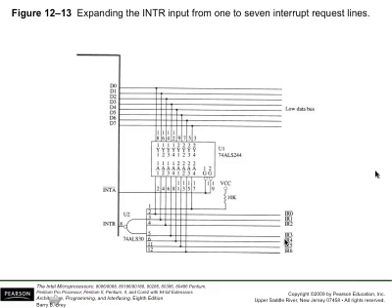So in the normal case, let's say no interrupt is coming from any of these devices. What you expect to see is all these inputs are 1s because they are active low. And after this NAND gate, you're going to have 0 as the input to this INTR pin.